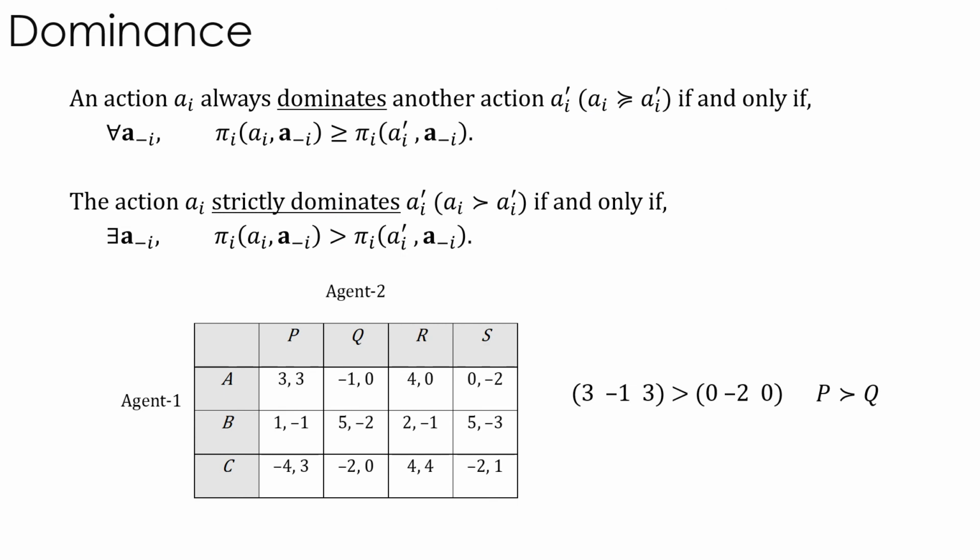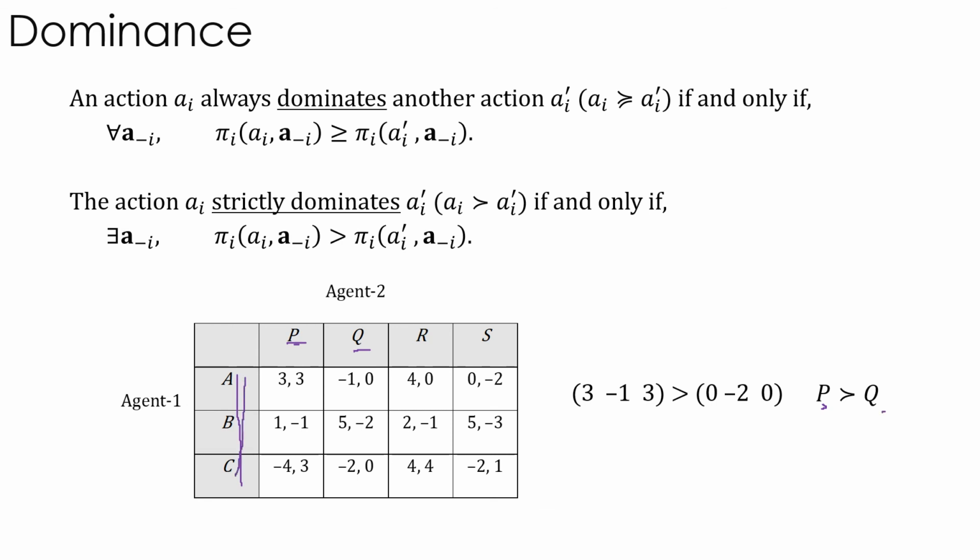Now consider this example here where agent 2 has these four actions and we shall compare action P with action Q. Regardless of what agent 1's action is, we can see that when playing P, agent 2's payoff is more than when playing Q. Here's why.